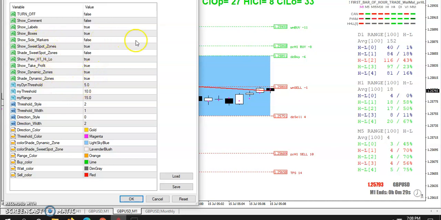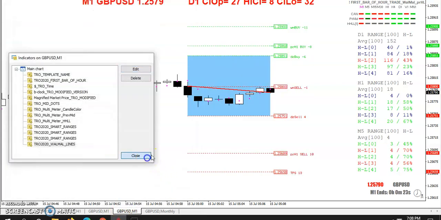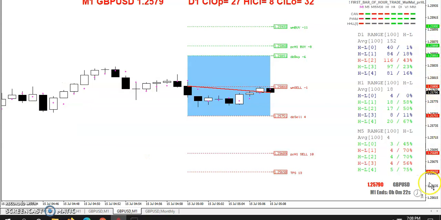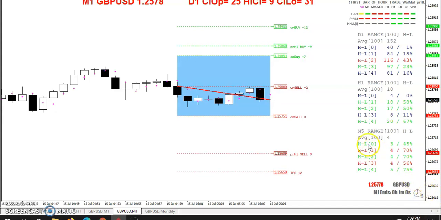Dynamic zones, side markers. I don't know if many people know about the side markers, but they show up over here. And the reason I use them is sometimes I have to do other things on the same computer. So I'll have the window so it just kind of shows these sides. That way I can keep an eye on the trade, if I'm in a trade, and then also I can have the Control T and see the PL down here.